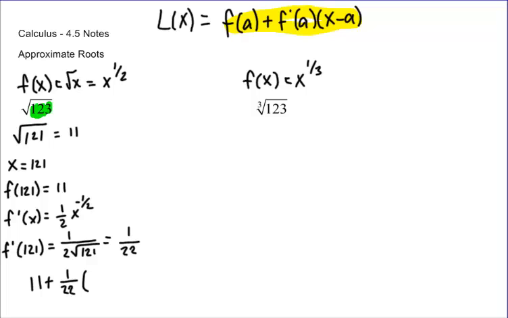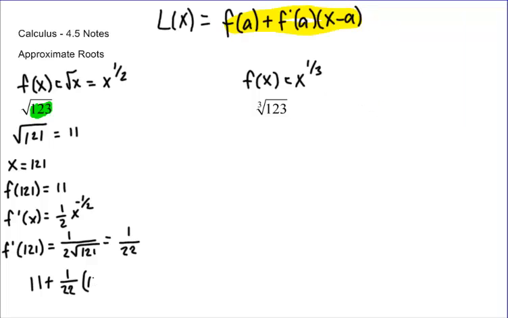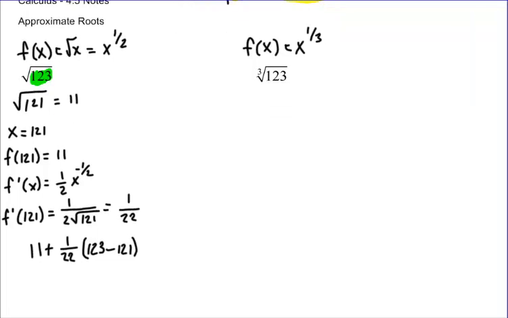So we're going to mark him off as 123. And then where are we? We are at 121. And so when you punch all this into your calculator, you're going to end up with 11.09, and that repeats. So this is your linearization for that particular problem.